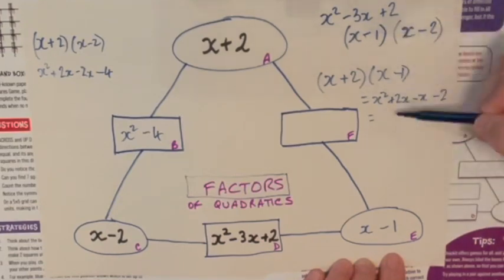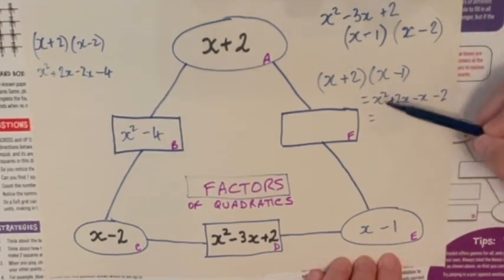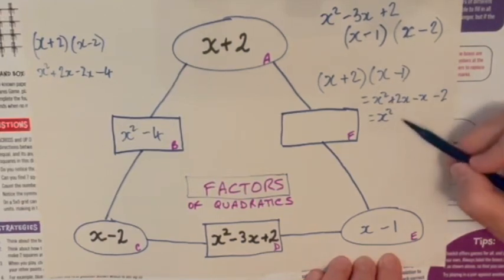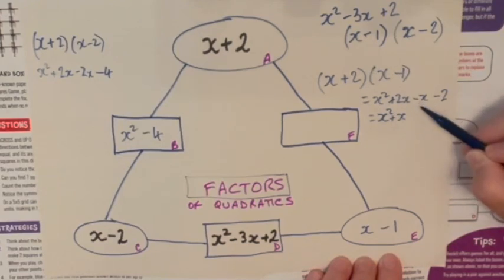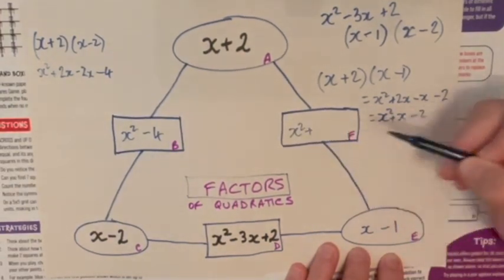I don't do any shortcuts, as you can see. And that's really good practice when you're at school and you're learning how to do it. When you do shortcuts, that's when you can make errors. So that's plus x, because plus 2 minus 1 is 1, minus 2. Let's see if I got it now.